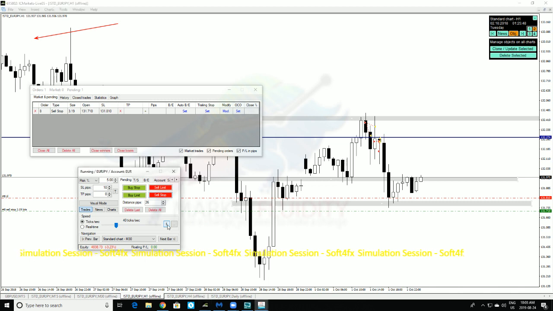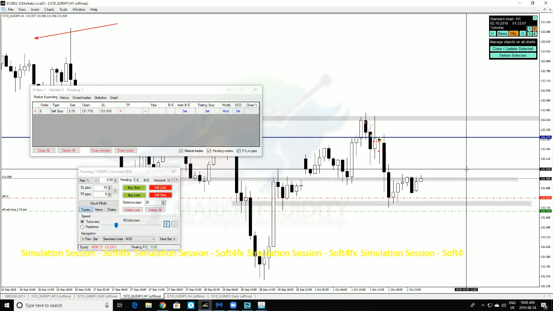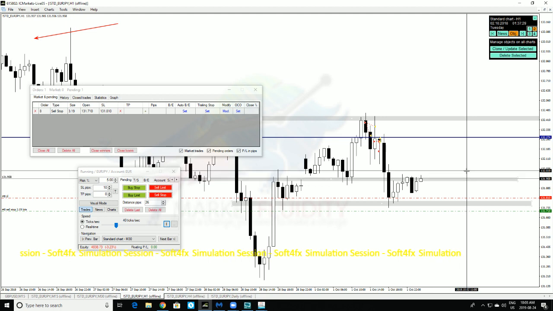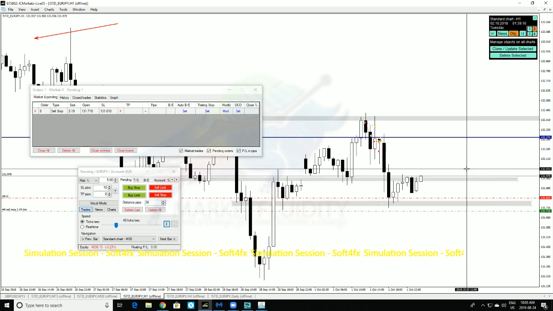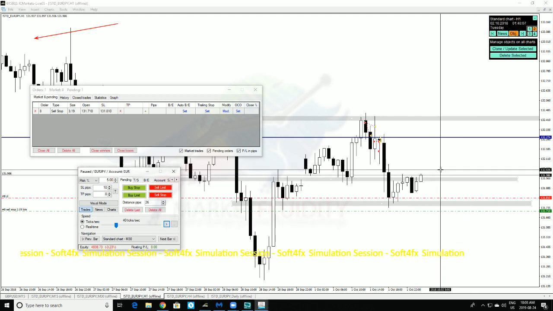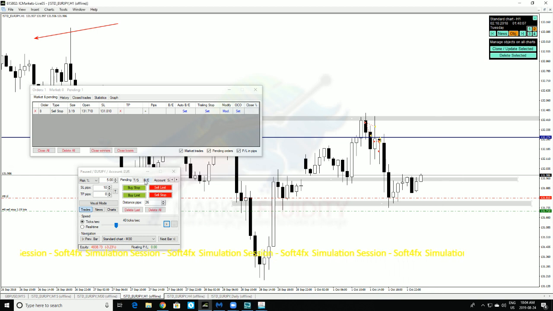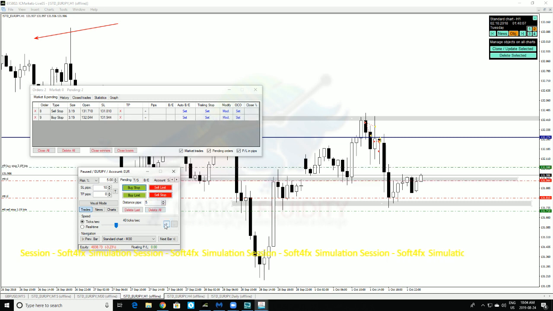So let's put a buy stop at 132.030, which is like 5 pips away. Buy stop. Perfect.